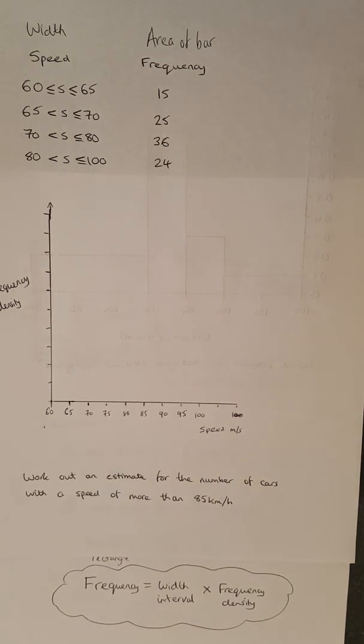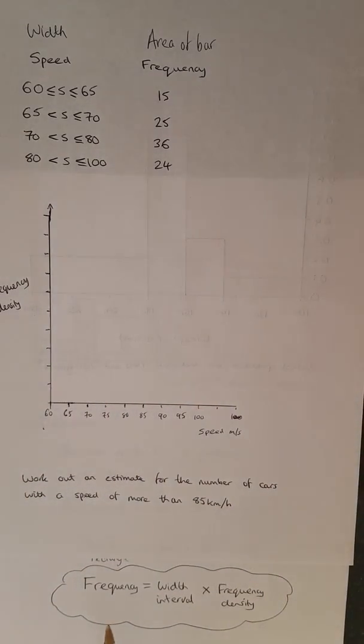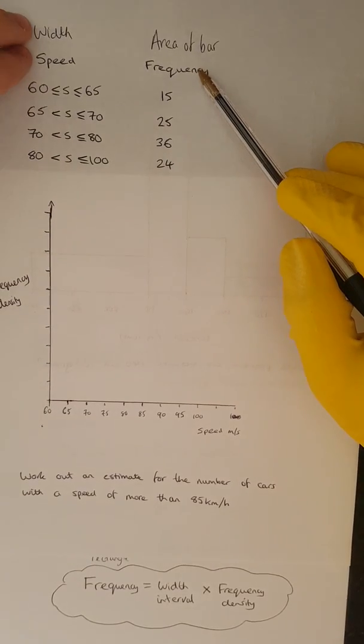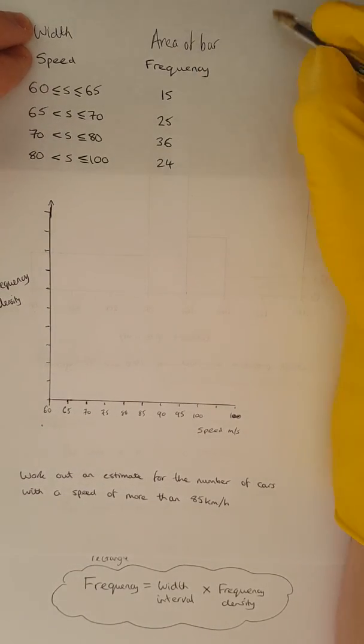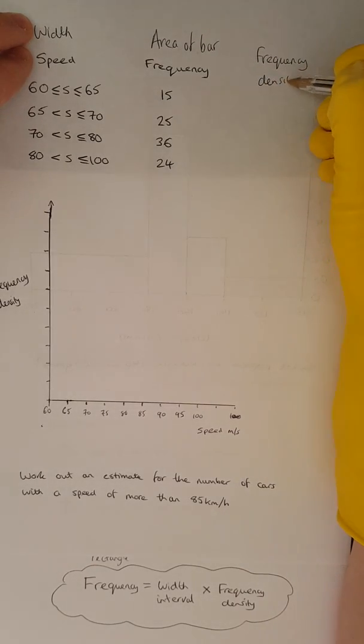Oh, hang on a second. I don't know the frequency density. Look at the labels here. Let's remind ourselves. The frequency is the width of the interval times the frequency density. So the area of the bar, the frequency, is the width of the interval multiplied by the frequency density.